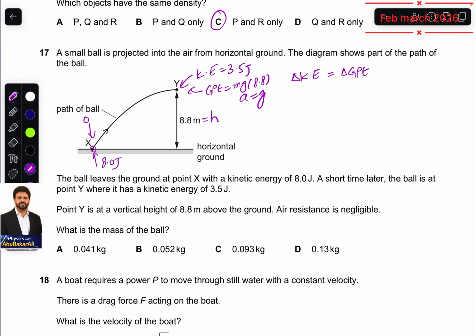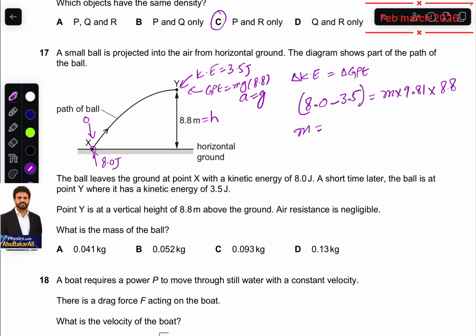So let's do this. The change in kinetic energy is 3.5 minus, sorry, let's keep it simple by subtracting the higher from the lower. It will not make any difference. So 8 minus 3.5 is equal to the change in GPE, so it is m, and g is 9.81, times height 8.8.